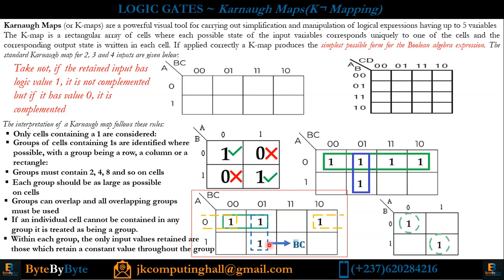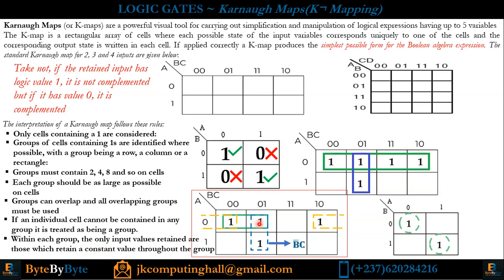We realize that at this level, B is 0, C is 1. In this particular group, A has two values because at this input, A is 0, at this input, A is 1. We realize that the transition from this input to this input, A is changing values. And this one says within each group, the only input values retained are those which retain a constant value. So A is eliminated.